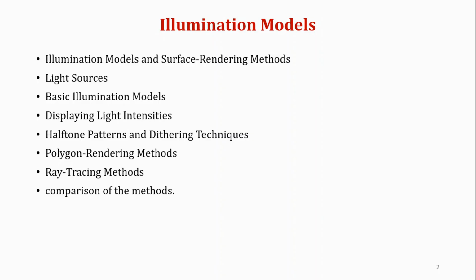The rendering algorithm uses these intensity values to generate the final image. In simple terms, the illumination model calculates the light intensity, and the rendering method is displaying the calculated intensity on a surface. So together, the illumination model and rendering model produce realistic computer generated images.